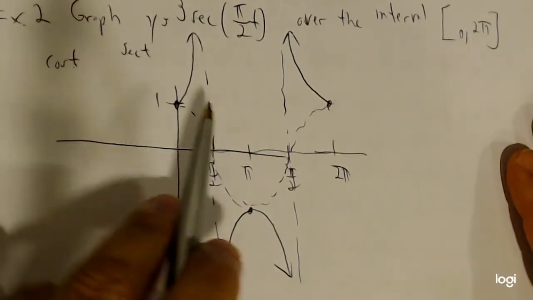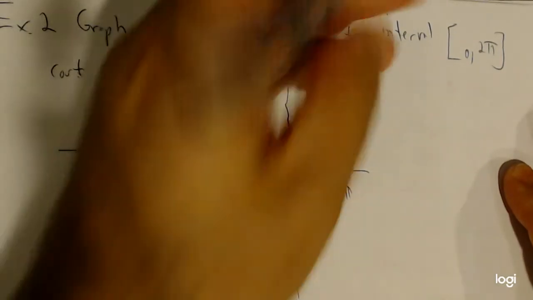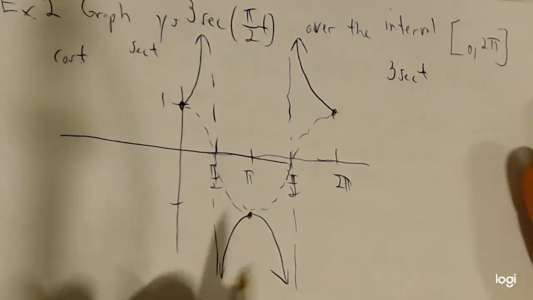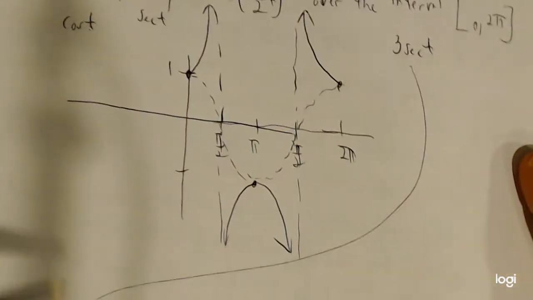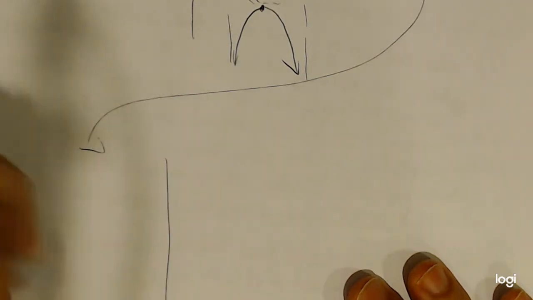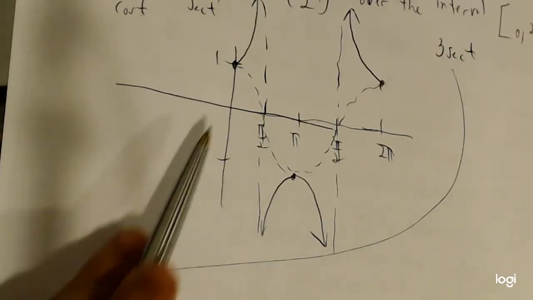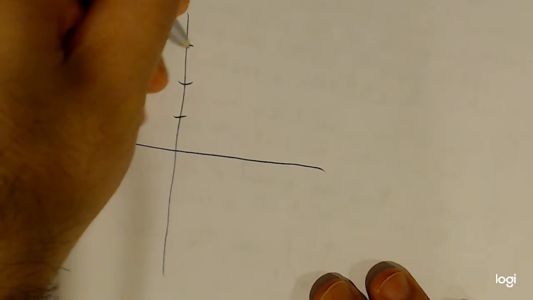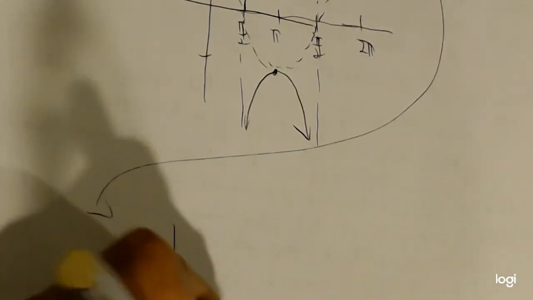So now let's use the transformations like we did last section. If I take care of the 3, what is this saying? This is 3 secant of t, so let me move it down here. The 3 secant of t is just saying grab all your y values and multiply them by 3. So at 0 this was 1, now it's going to be 3. At pi over 2 I still have a vertical asymptote. Vertical asymptotes stay unchanged.